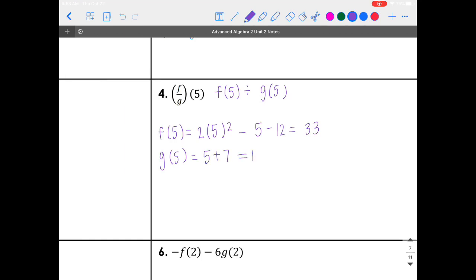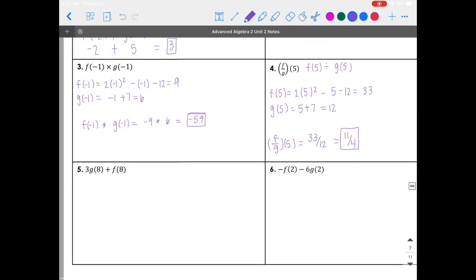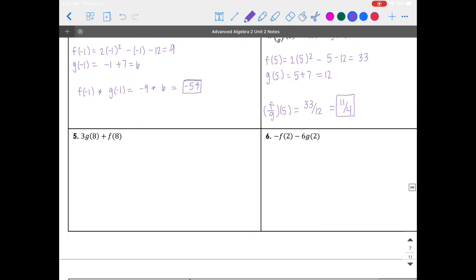And g of 5 is 5 plus 7, which is 12. So then I'm going to say, all right, f divided by g of 5. If I put that in the calculator, it's 33 over 12, which is 11 over 4 simplified. If you just put 33 over 12, that's okay.